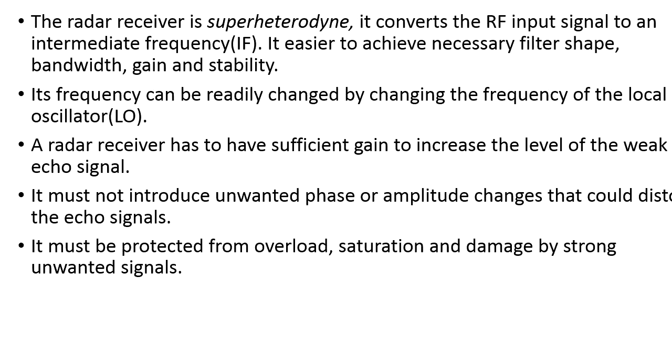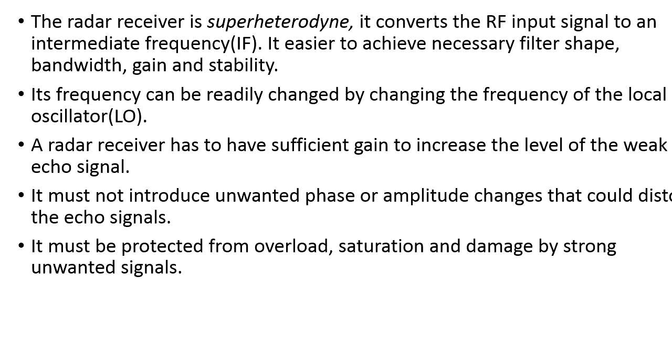Whatever echo signal it receives from the moving target, the strength of the weak echo signal is always low. So in order to increase the strength of the weak signal, we need to perform the amplification by maintaining a constant gain here.